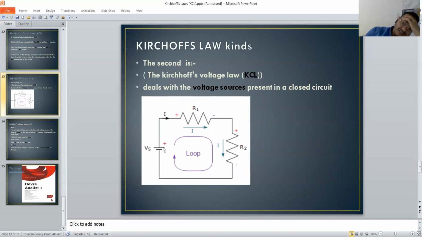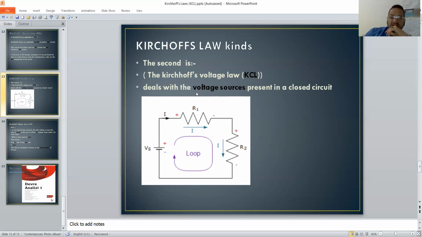And let's talk shortly about the second kind of Kirchhoff. The second kind of Kirchhoff deals with the voltage in closed circuits. And we can say KCL. Sorry, we were still talking about KCL.